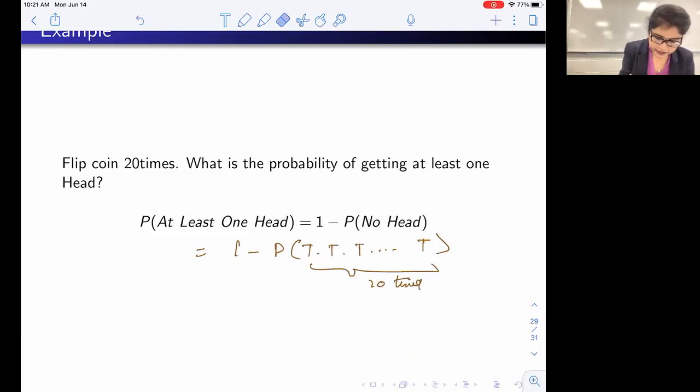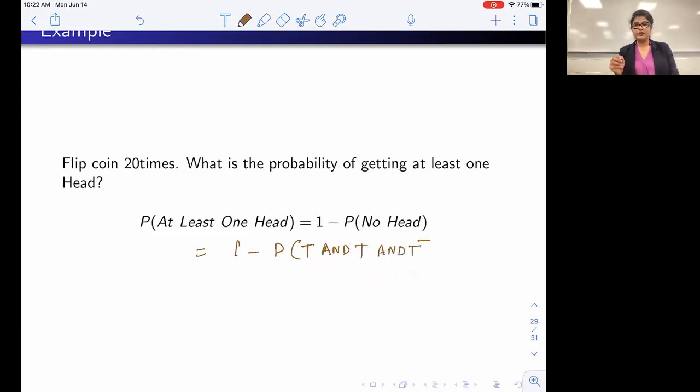I write it the way I have been using in this course: the probability of finding tail and tail and tail. Remember, we use the word and for successive trials, not addition. How many times? 20 times, because you are flipping the coin 20 times.